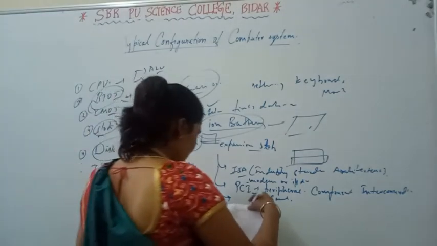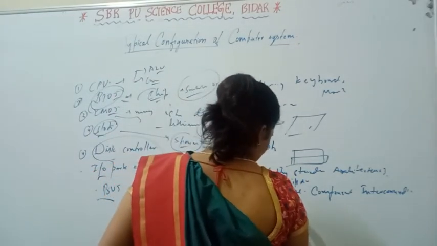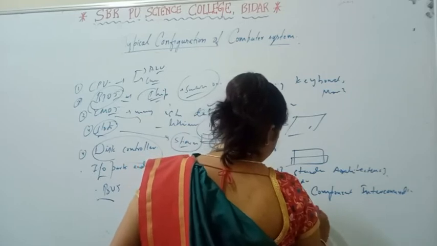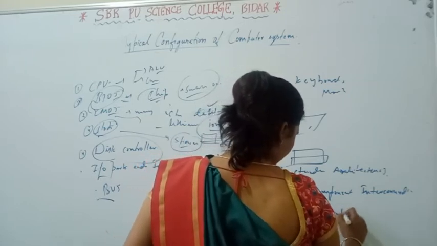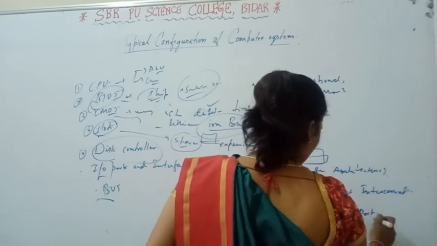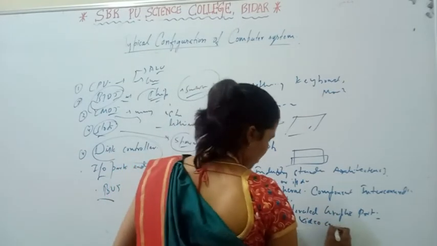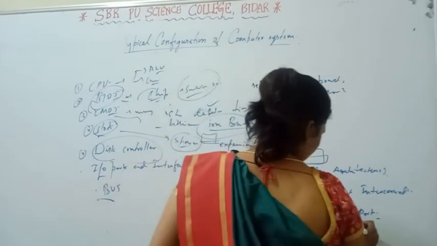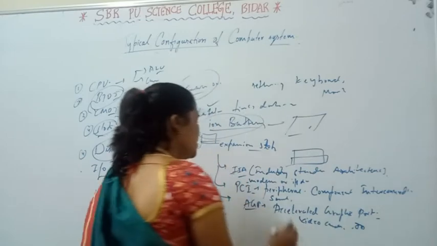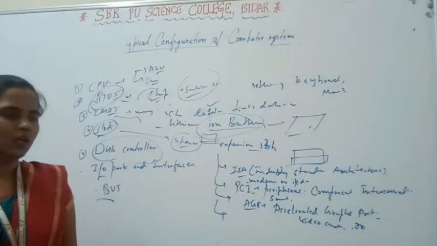Next is AGP, Accelerated Graphic Port. Again, the video cards or 3D accelerators are connected using this AGP.